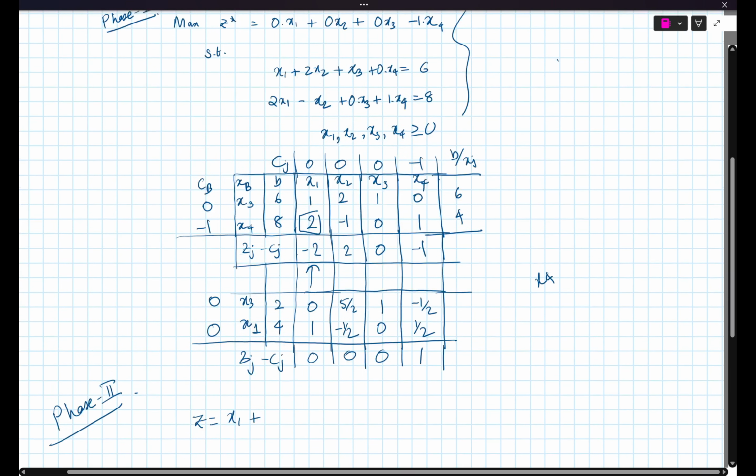So this is 0, this is 15 minus 1, that is 14 by 2, 7, 7 minus 5 is 2, 3 minus 3, that is 0. Okay, so we got that zj minus cj is greater than or equal to 0 for all. So we have the optimal solution.